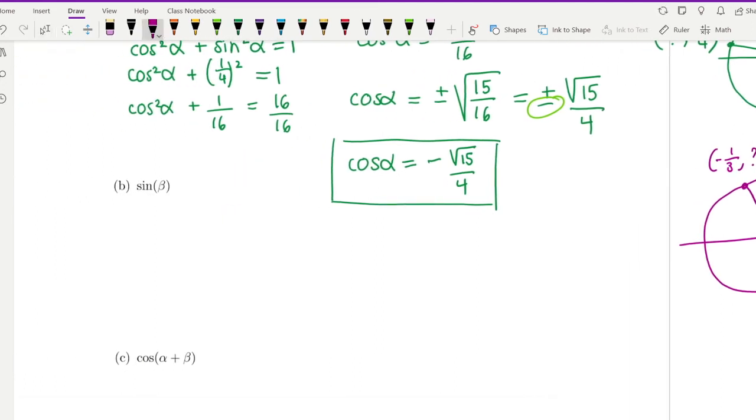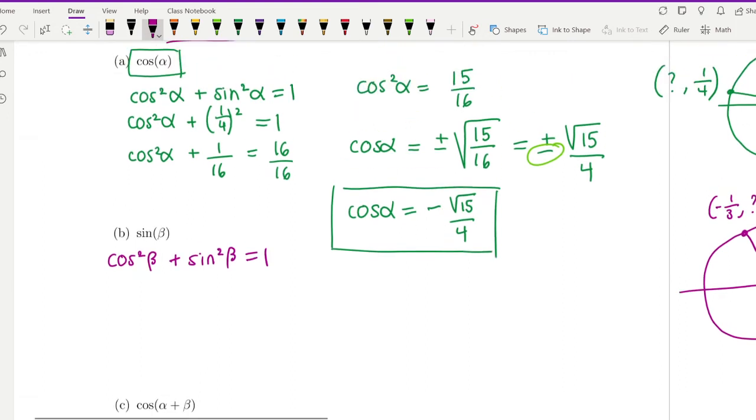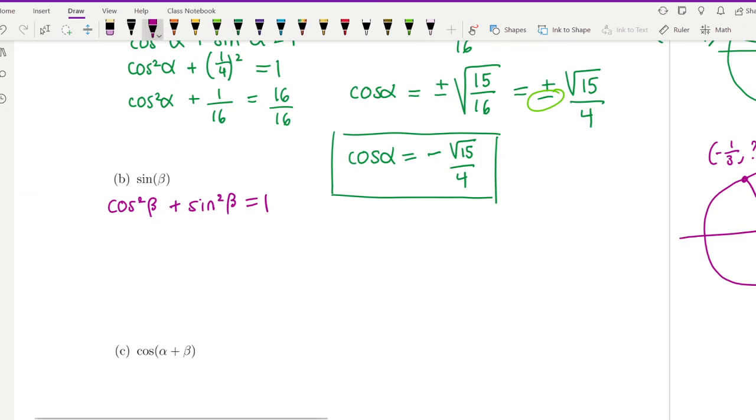So again, we just use the Pythagorean identity. We know that cosine squared of beta plus sine squared of beta is going to equal 1. We don't know what sine of beta is, but we know that cosine of beta, the problem told us, is negative 1/3. So negative 1/3 squared plus sine squared of beta is equal to 1.